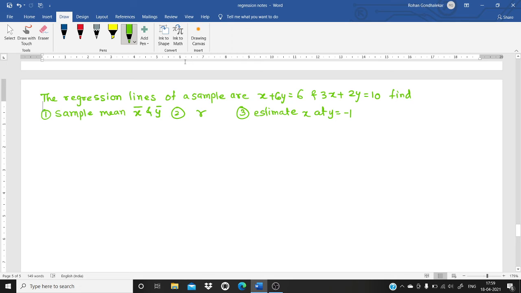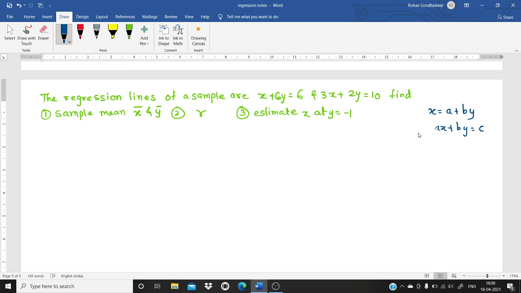Okay. Now how can you proceed? First of all, if I want to estimate x at y, I must use the line of regression x on y. That means it should be expressed in the form x is equal to a plus by. But right now, both the equations are expressed in the form ax plus by is equal to some constant c. First of all, you need to decide which one is the line of regression y on x and which one is the line of regression x on y.